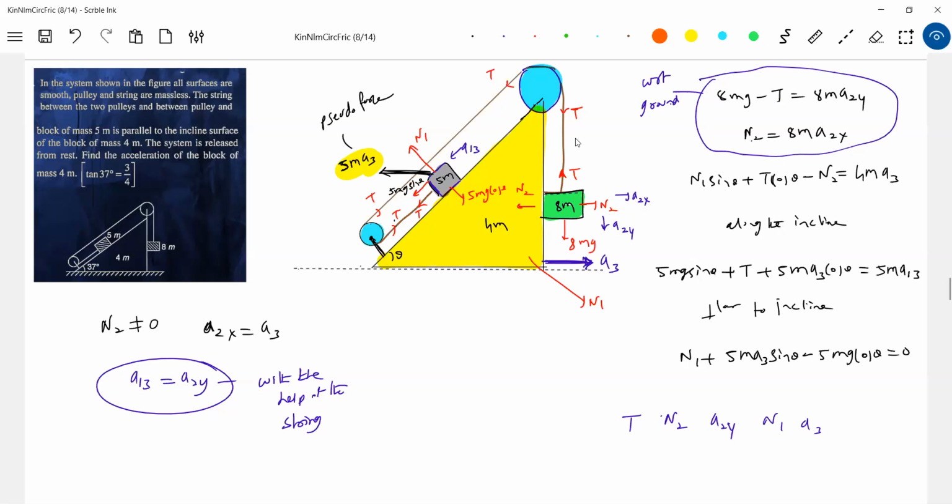Somebody gave an answer, let me check it. 121 G by 680. 44 G by 205 is given. I'm not sure about the answer given, we have to verify it. 44 G by 225, or 205, sorry.